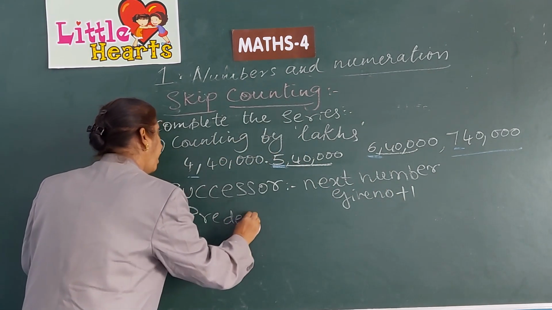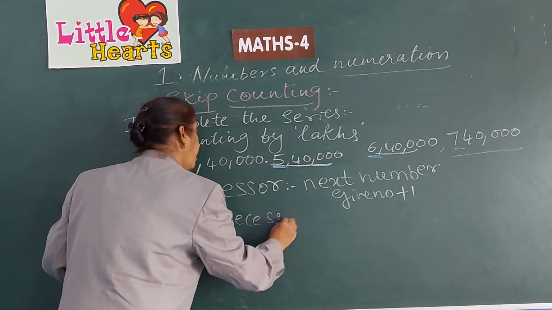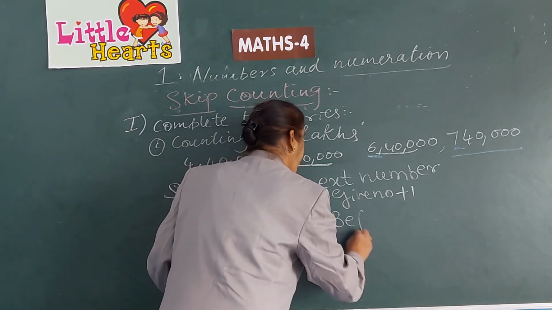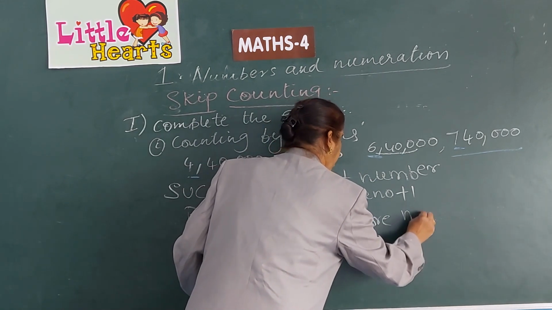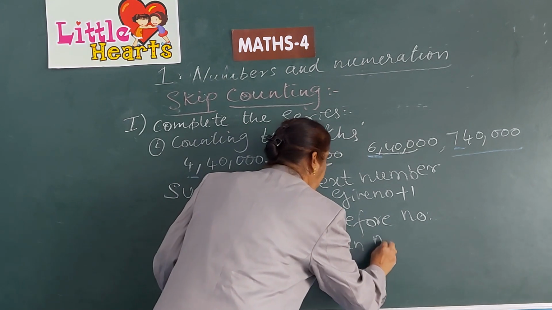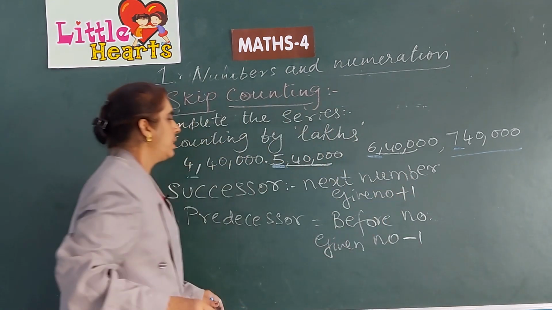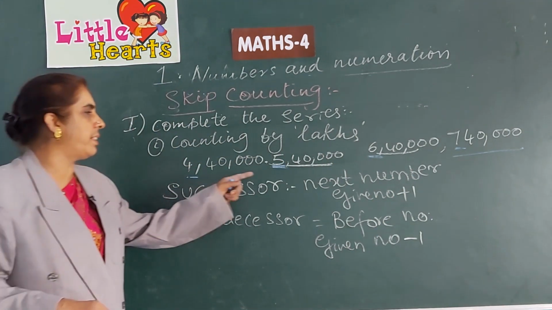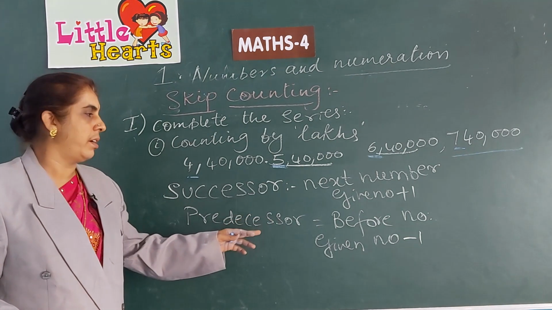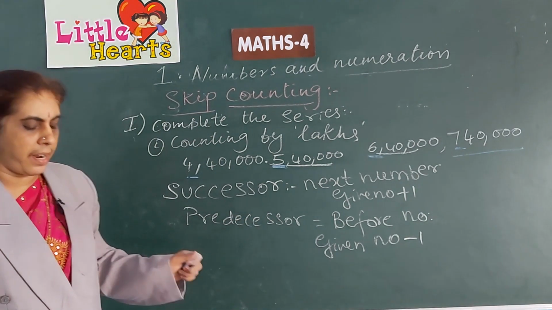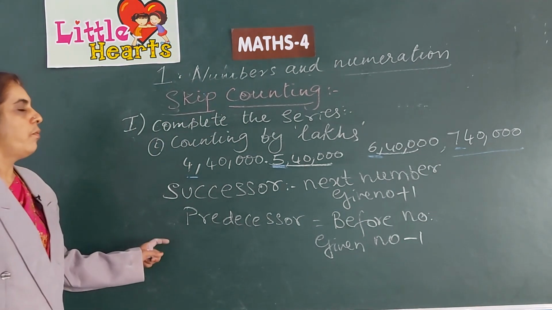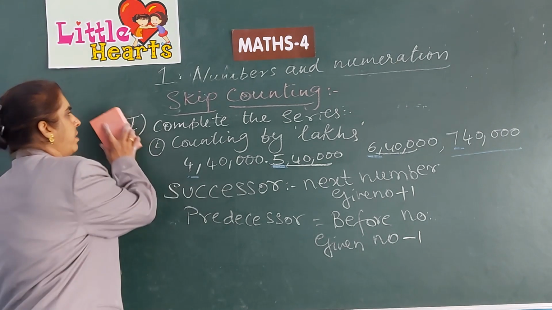Predecessor is nothing but the before number, the given number minus 1. Successor is the next number and predecessor is the before number. So, let us learn to write the successor and predecessor in 5 and 6 digit numbers.